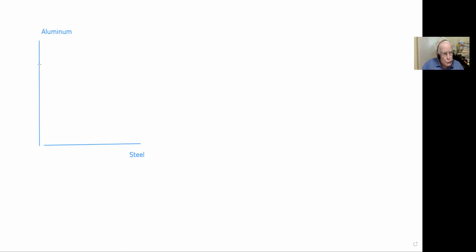Here's our isocost line, the same as the budget constraint in consumption. So at the intercepts, if you're not buying any aluminum, you're spending all the money on steel. So this intercept is N, the total amount of money that you're spending on inputs, divided by the price of steel.